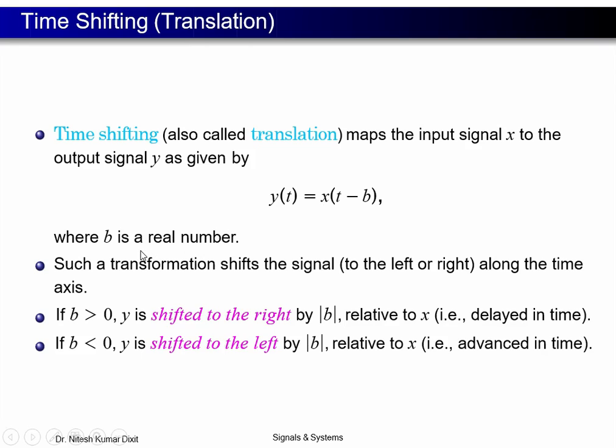Here b is a real number, it should be real. If b is greater than 0, y is shifted to the right by b, and if b is negative, below 0, y is shifted to the left by b.